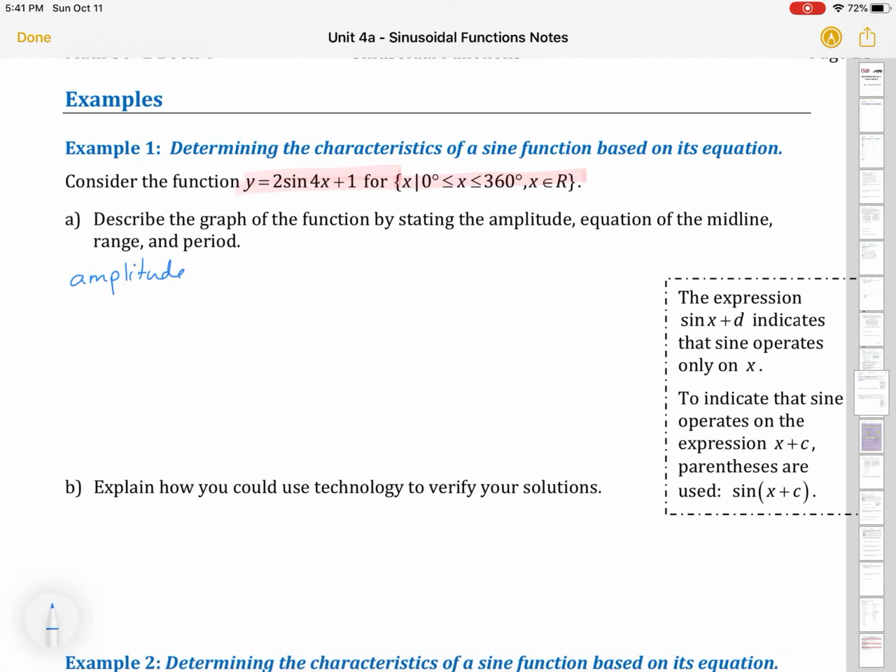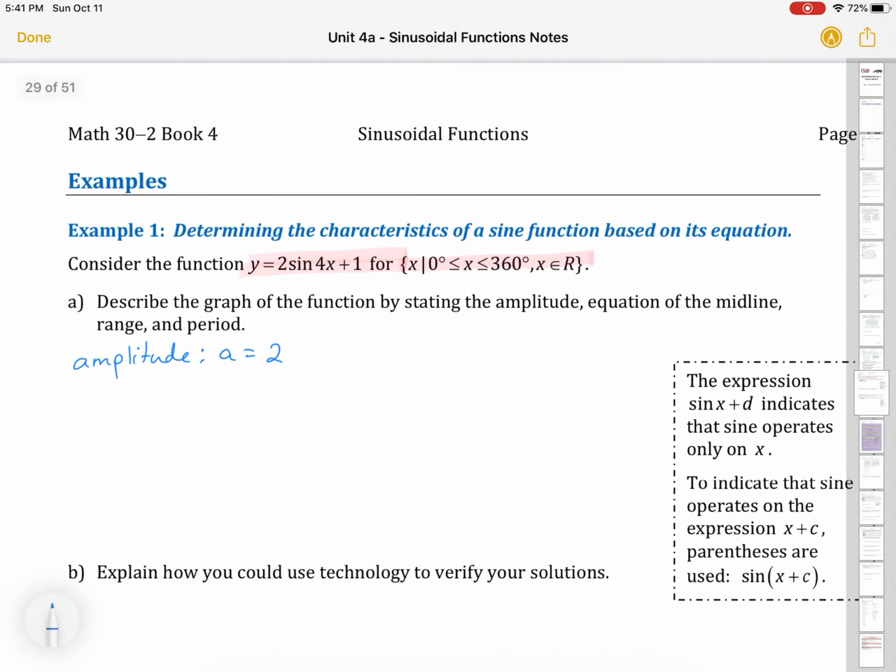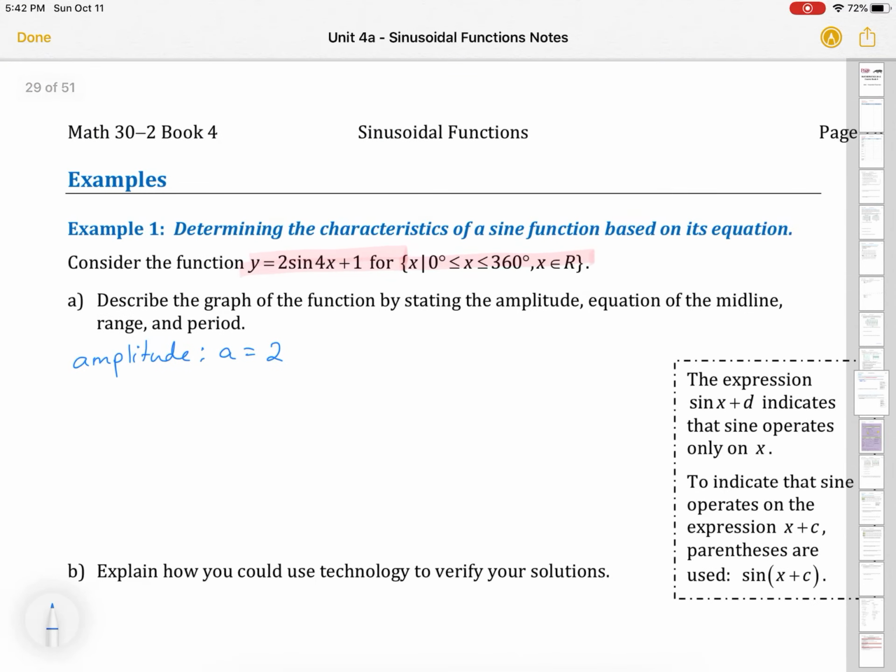So amplitude, from our previous page, is equal to A. A is equal to 2. Let's write that equation out so we have it. y is equal to A sine bx plus c plus d.